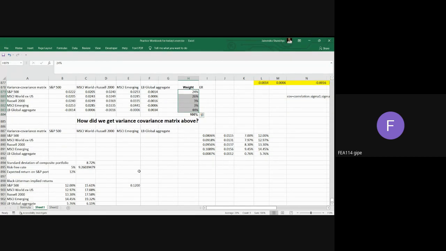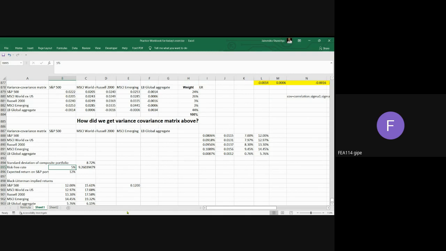The S&P 500 return is 12%, which is what we always took, and the risk-free rate is 5%. These two things are given to you, because this is readily available.